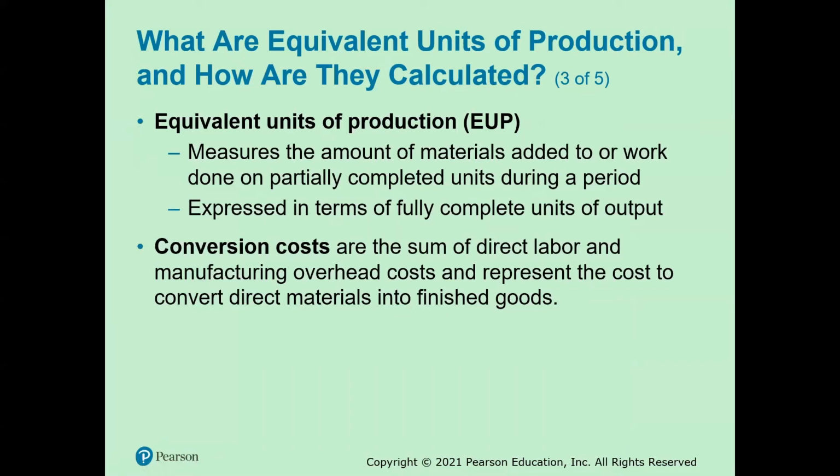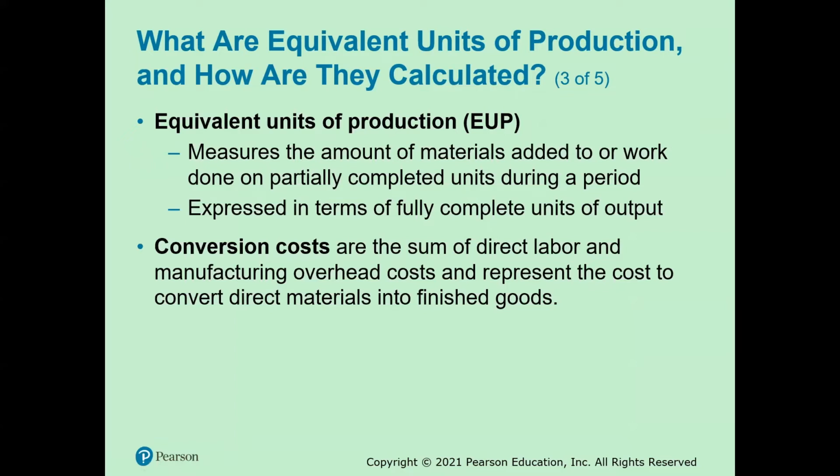Equivalent units of production, or EUP, is used to measure the amount of materials added to or work done on partially completed units and is expressed in terms of fully complete units. So you have, again, the equivalent unit of production, the EUP.